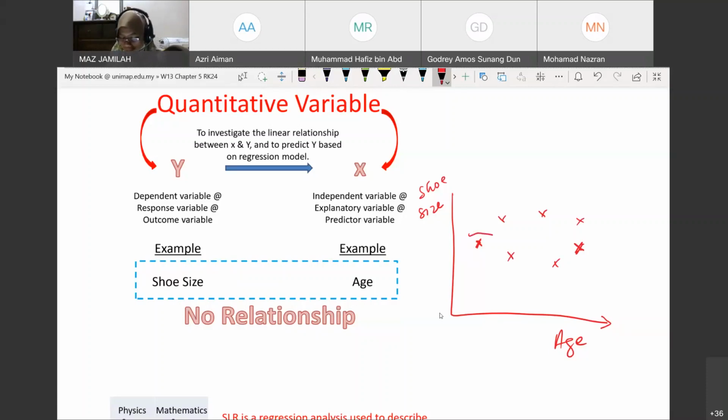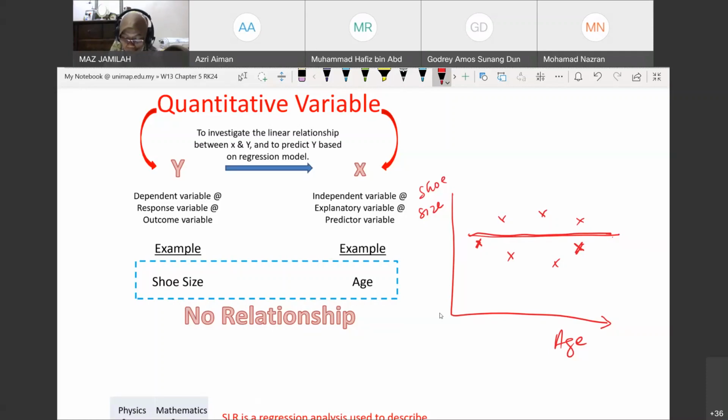The relationship will be somewhat along the axis. It will be horizontal. So when you have a linear line, for example, as this one, you can see there will be no relationship between the two.